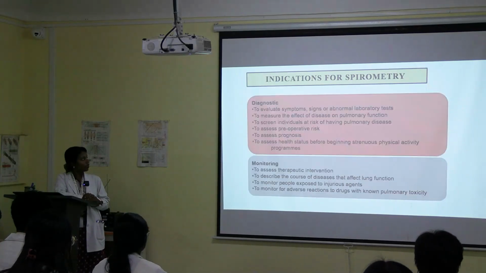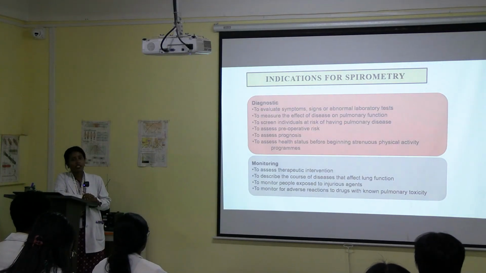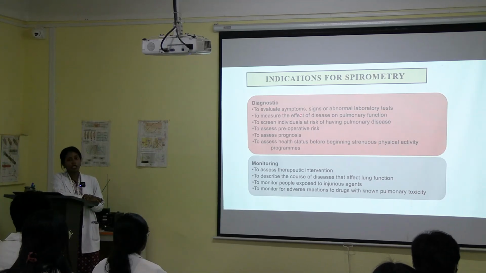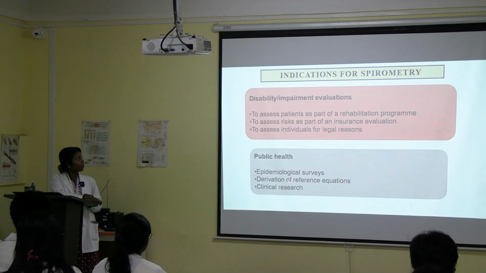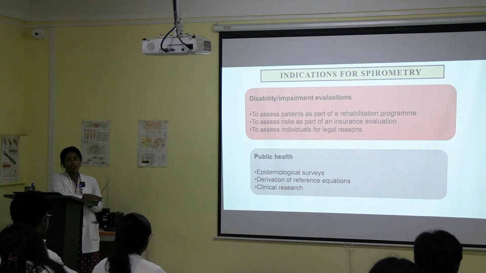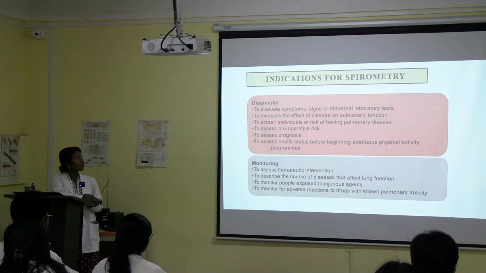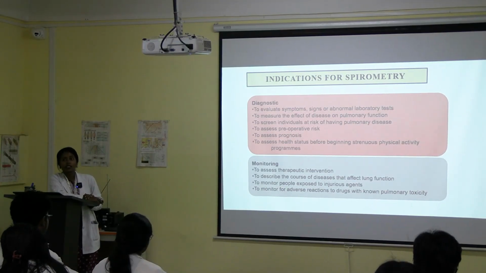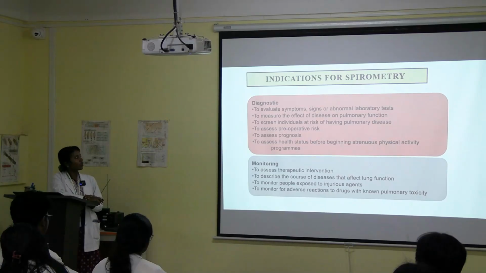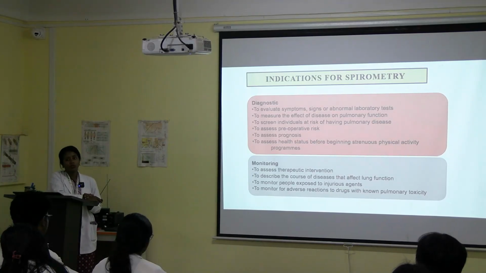Okay. So these are the various indications. It might be diagnostic, then monitoring, then disability or impairment evaluation, and public health. So in diagnostic, we will be evaluating various signs and symptoms, or abnormal laboratory tests.